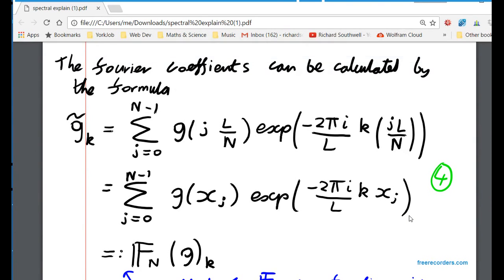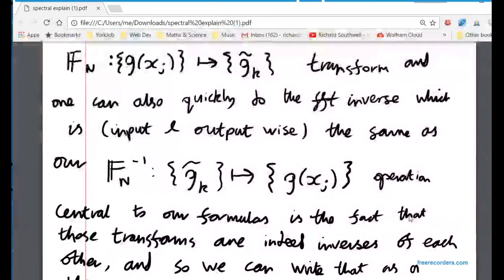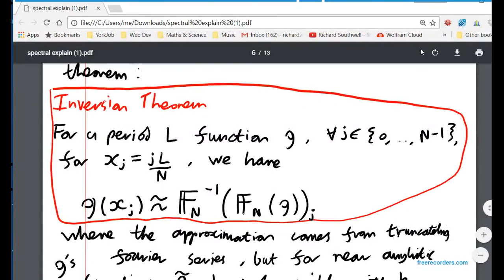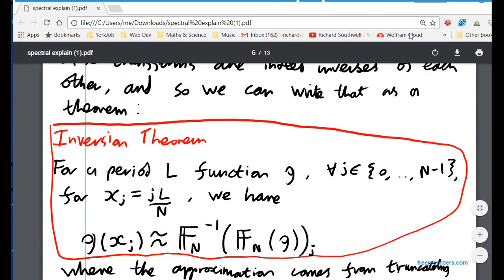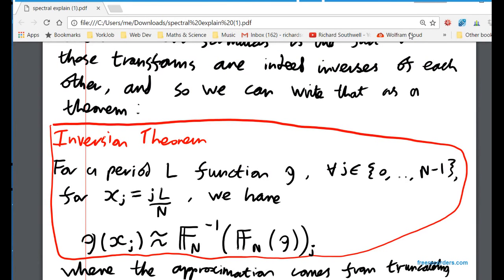And the inverse obviously sends you back again, does the opposite of that map. Although actually I haven't proved that yet. So the whole thing I've been talking about so far, about how we'll figure out these Fourier coefficients, I haven't given you any proof of it, so I haven't stated it as a proper thing.